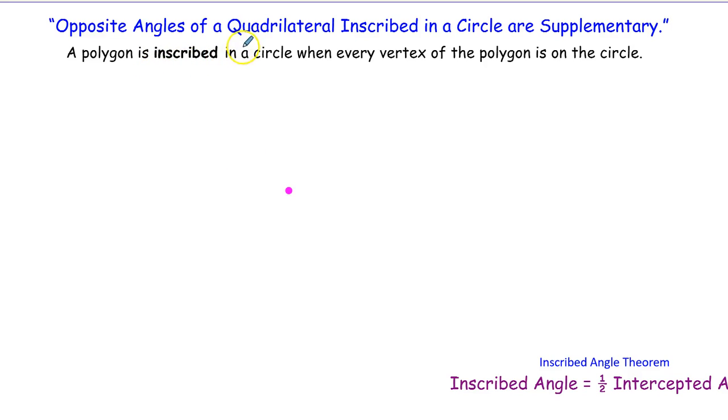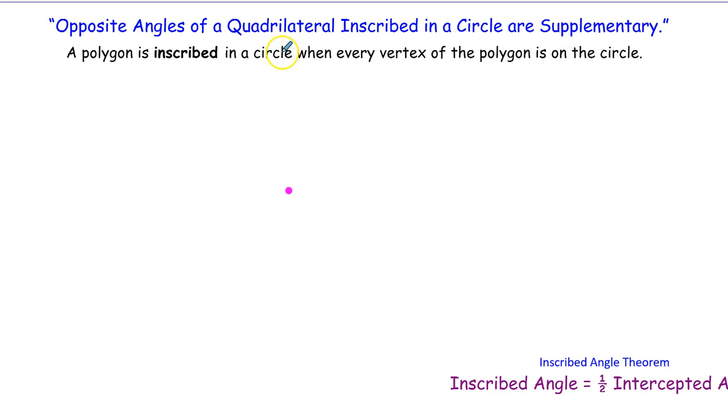Opposite angles of a quadrilateral inscribed in a circle are supplementary, right? And what is a quadrilateral that is inscribed? A polygon is inscribed in a circle when every vertex of the polygon is on the circle.